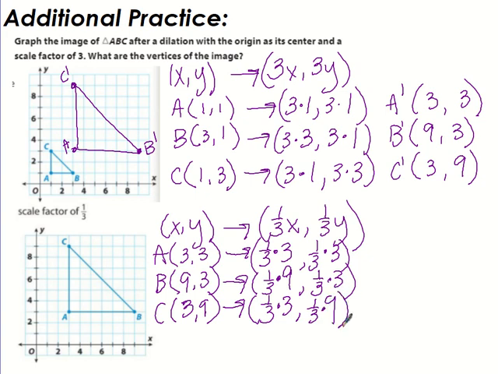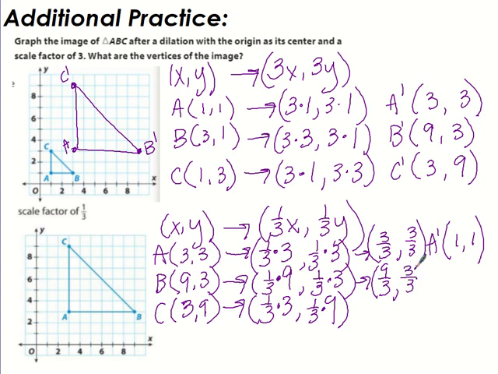So that's what's really nice. And technically, if I do true multiplication, it becomes 3 over 3, which gets me A prime at 1, 1, right? If I do true multiplication, 9 over 3, 3 over 3, B prime is now at 3, 1. If I reduce those fractions, and then 3 over 3, 9 over 3, and so C prime is at 1, 3.